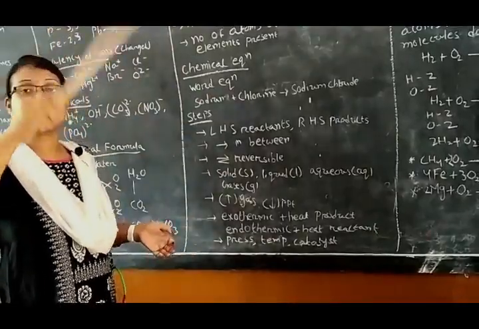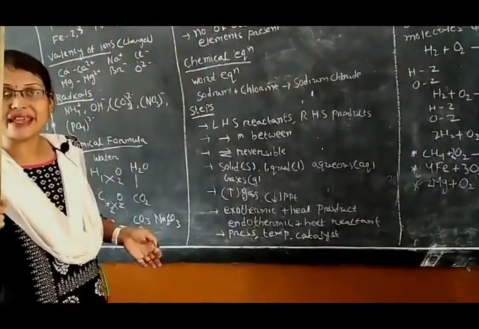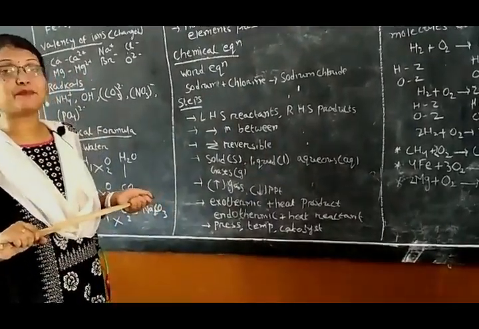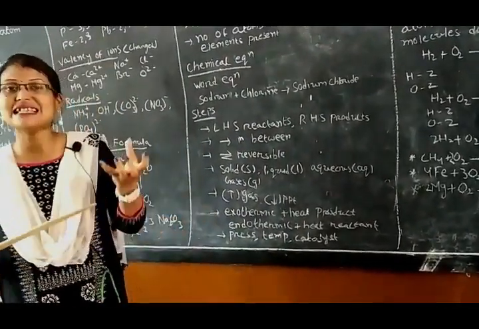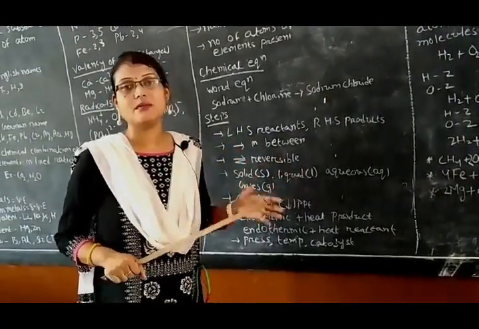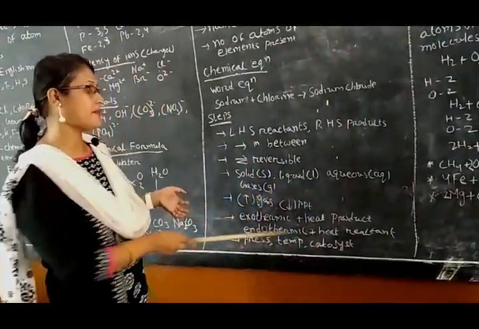An up-headed arrow means evolution of gas will be there. If a down-headed arrow is there, then it stands for precipitate.